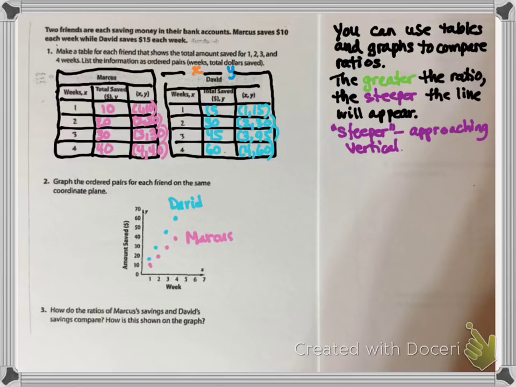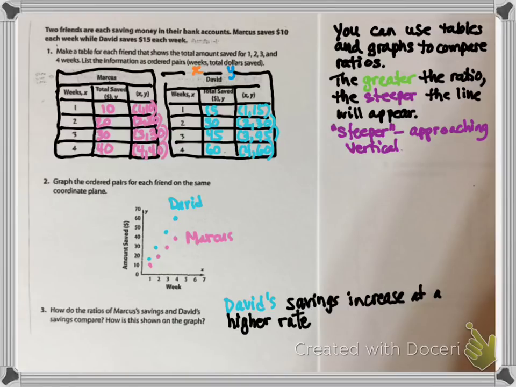In fact, he's above every point of Marcus. So here's some things I'm going to write off to the side here. David's savings increase at a higher rate, because you can see his graph is higher than Marcus's savings.